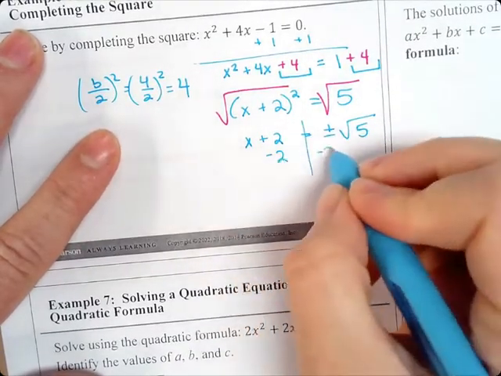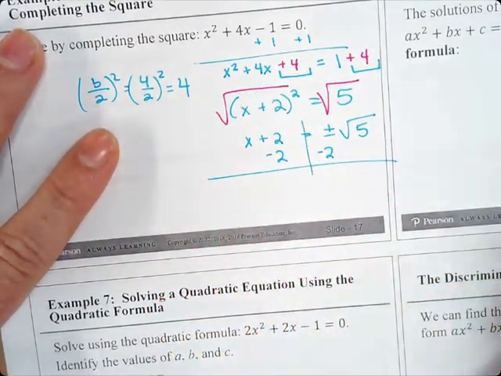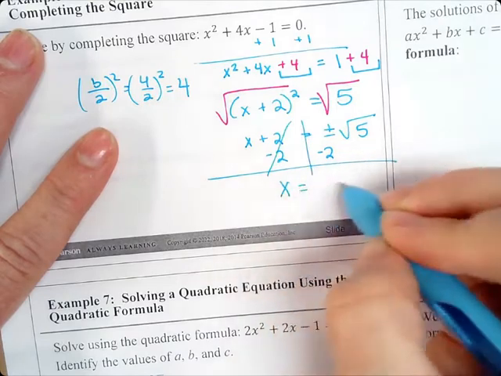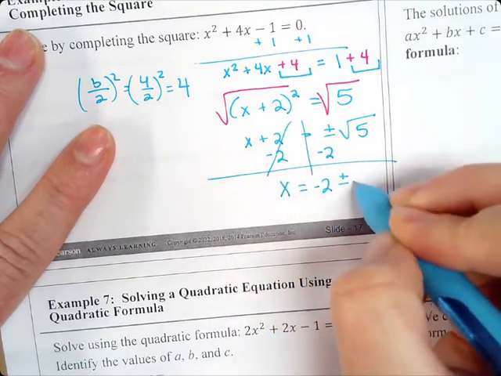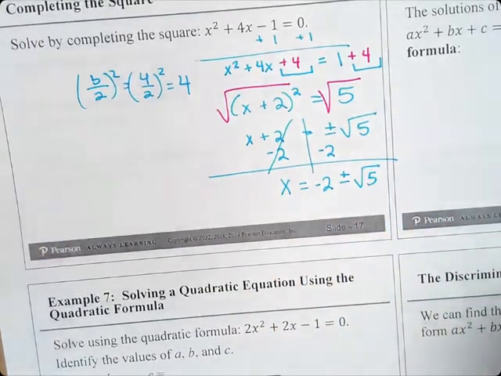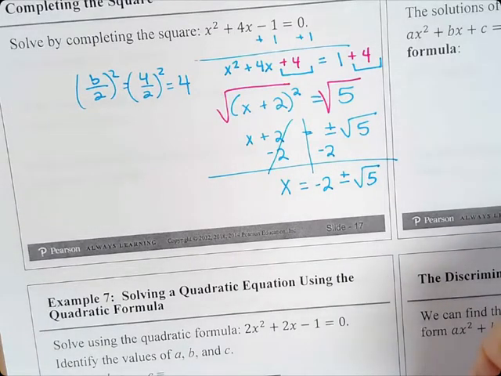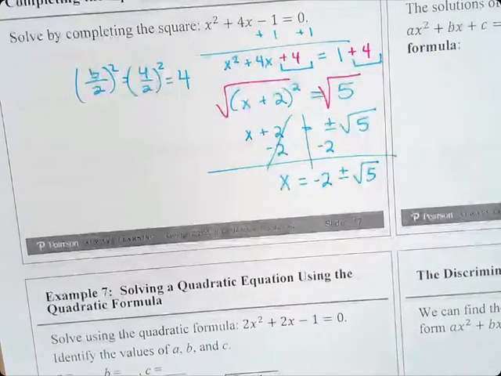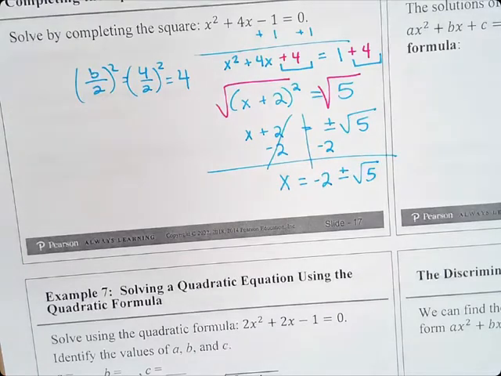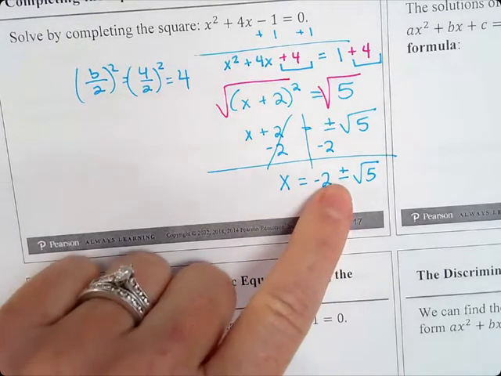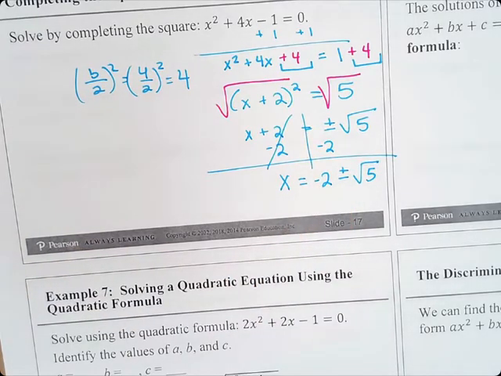Subtract 2 on both sides. We get x equals negative 2 plus or minus the square root of 5. So that gives us both of our answers: negative 2 plus the square root of 5 and negative 2 minus the square root of 5. And on the Pearson program, you can actually put in that plus-minus symbol.